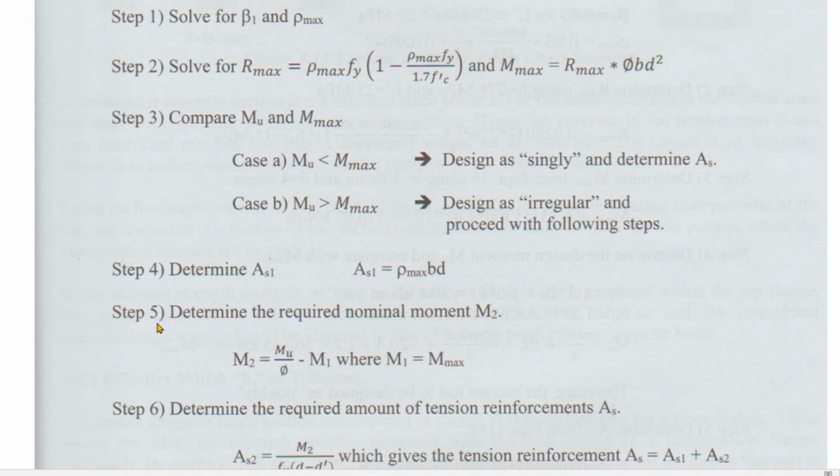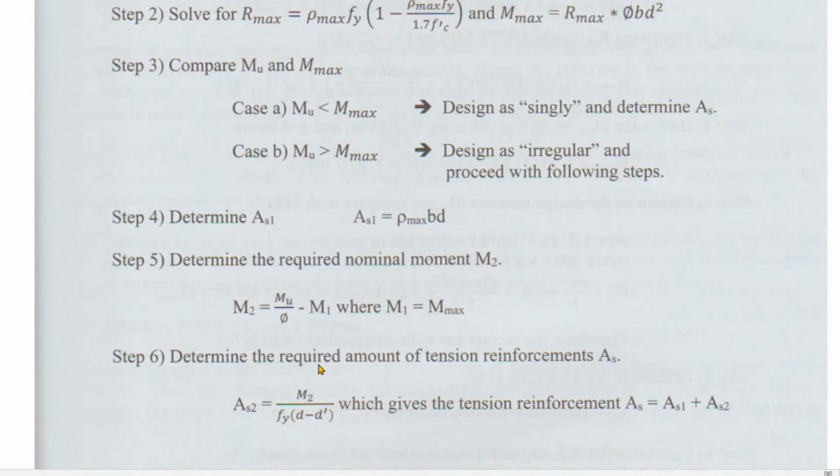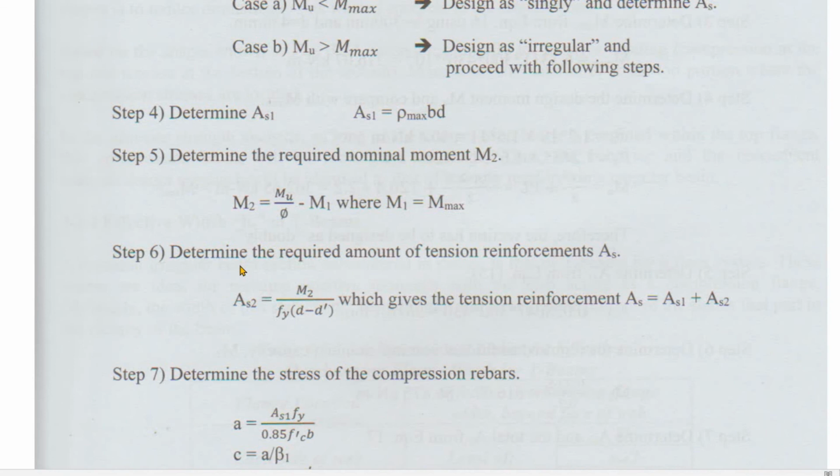Step 5, determine the required nominal moment M2, okay, which is based on your excess moment, Mu over phi minus M1, where M1 is equal to your Mmax. Okay, take note that Mmax is equal to R max times phi bd squared. And then step 6, determine the required amount of AS or tension reinforcement.